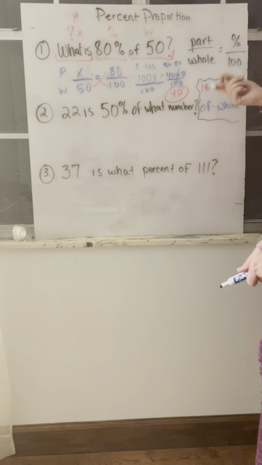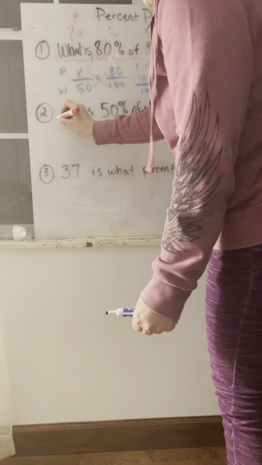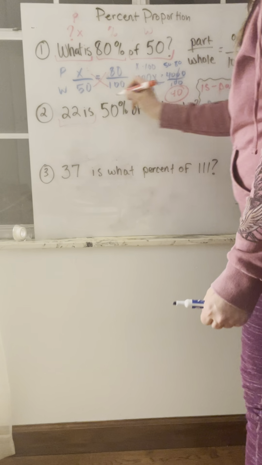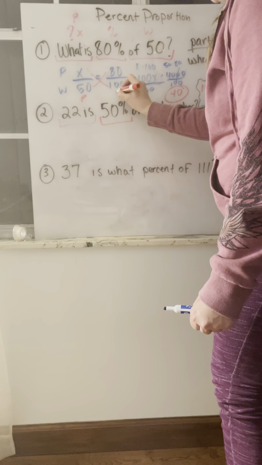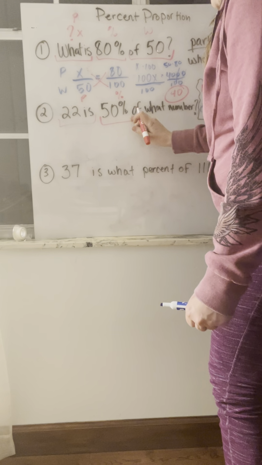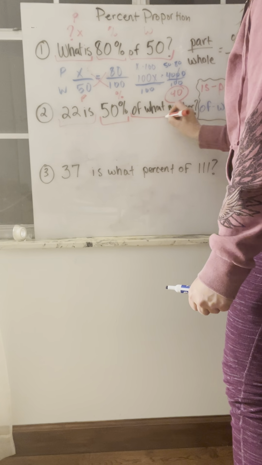Second problem says, 22 is 50% of what number? So 22 is, again, is means our part. We have that number. 50%, that's our percent. And then we have of what number?